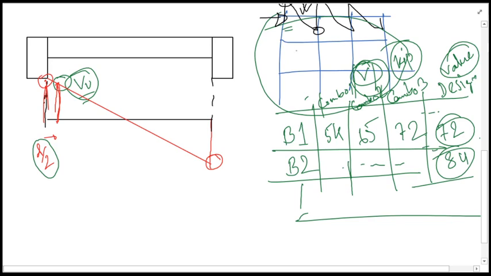So for example, if there are B1, B2 and B3, or say B13, B14, then you will be comparing within these beams the maximum design value within all these beams within a frame.